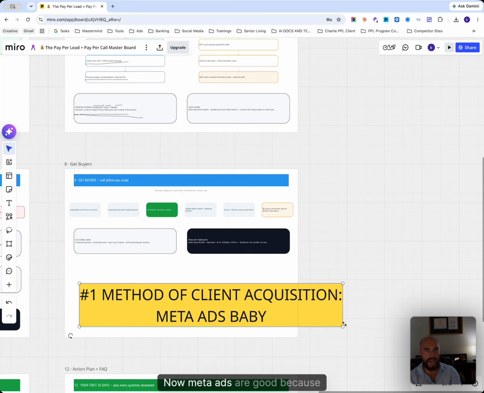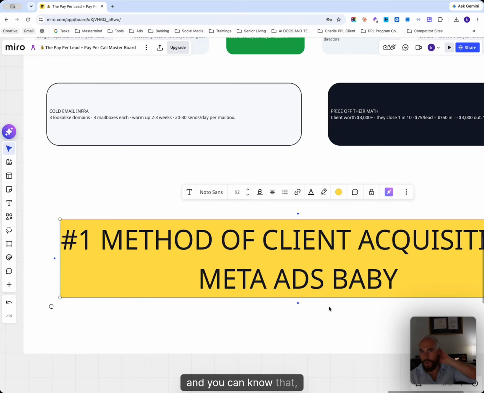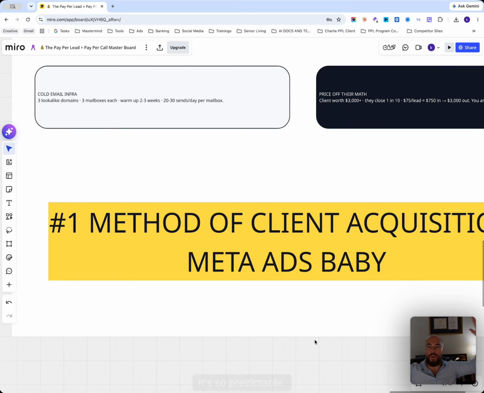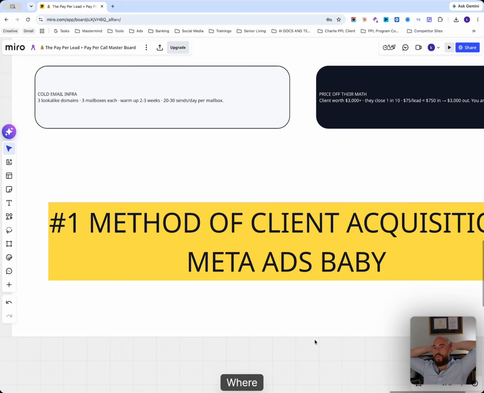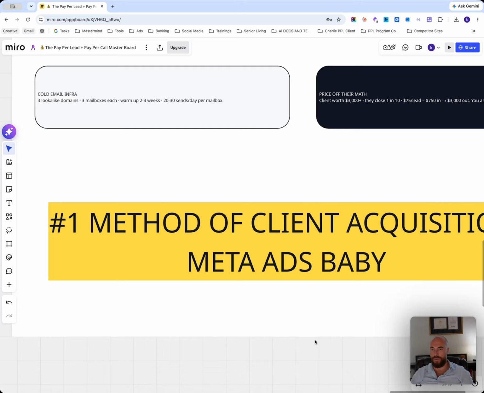Now, Meta ads are good because they're consistent and you can know that, hey, I can turn $1 of ads into $3 of revenue because it's so predictable. You have everything predictable. Cold email is less predictable. LinkedIn DMs aren't predictable. All of that stuff is stuff that you have to put in time and effort, where with Meta ads, it's Facebook doing all the effort for you, okay?